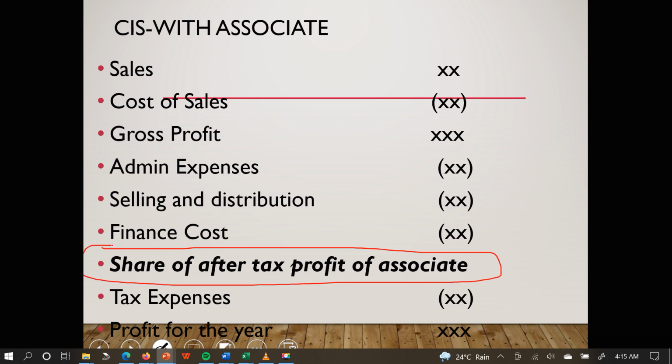You calculate the figure in workings or in the notes and show it as one figure, and you provide the explanation as a note to the account.